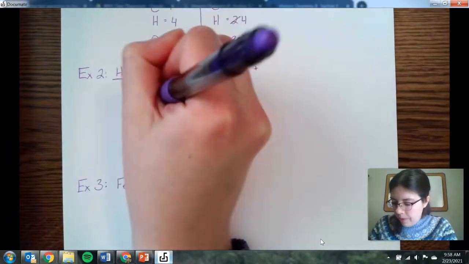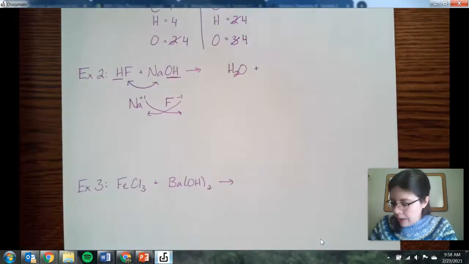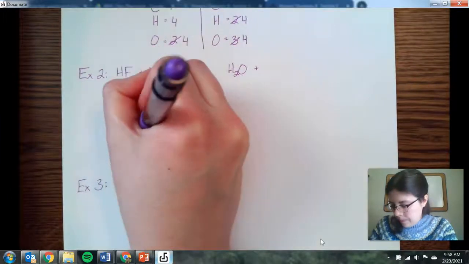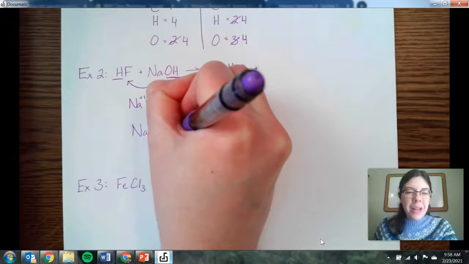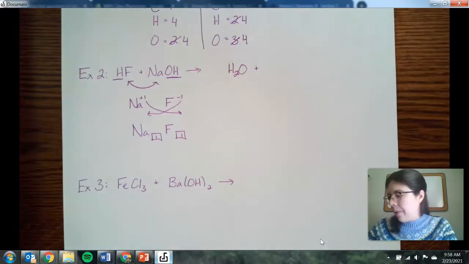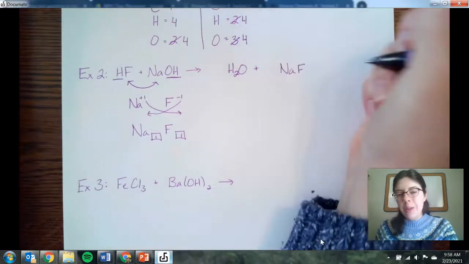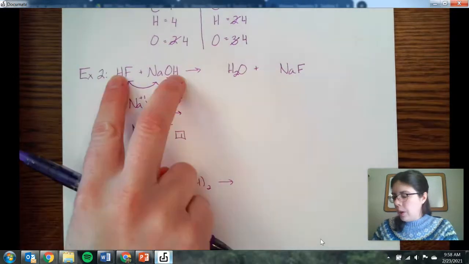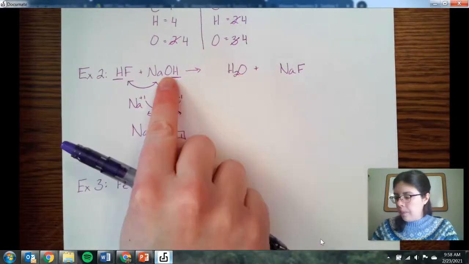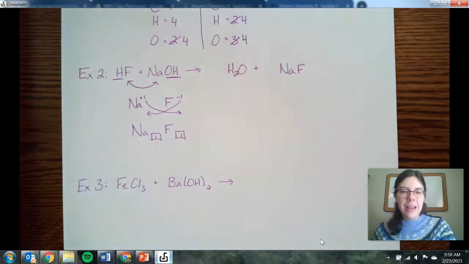If we flip-flop them, okay, we get sodium with the 1 and fluorine with a 1. 1s we don't need to write, so we're just going to go ahead and write out that formula, which is NaF. Okay, so if we look, this is already balanced. We have a total of 2 hydrogen, 1 oxygen, 1 sodium, and 1 fluorine. So that is our balanced acid-base reaction.